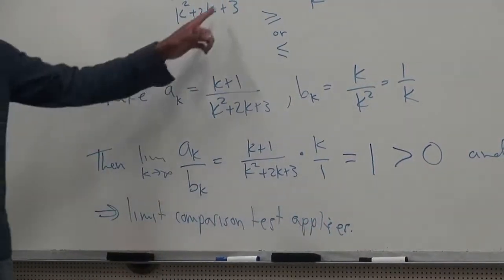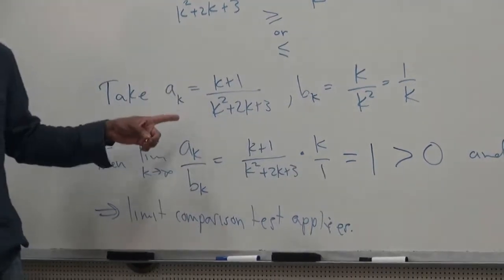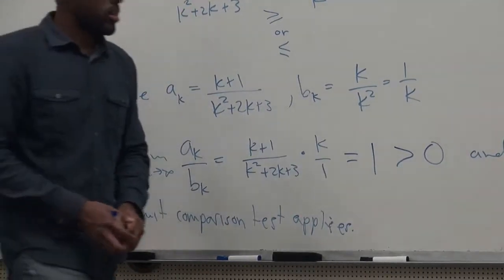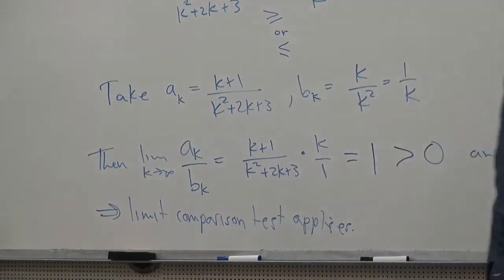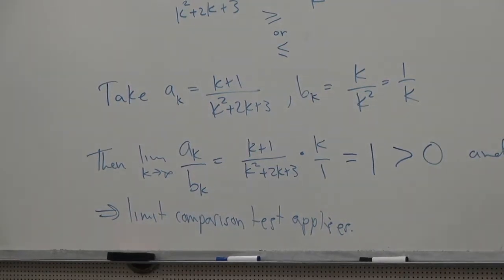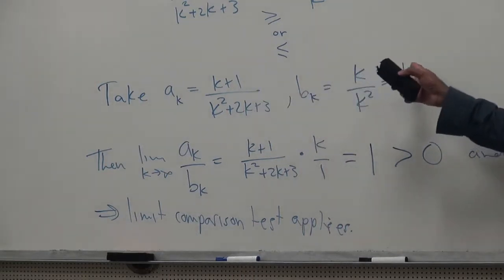It's also the case that both of these are always bigger than 0 when my k is bigger than 3. Bigger than 3, okay. When my k is bigger than 3, this guy's positive and that guy's positive.